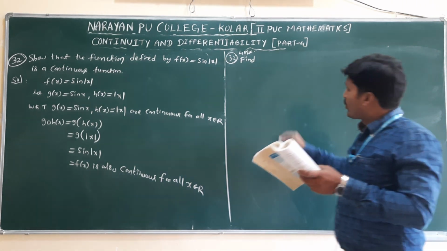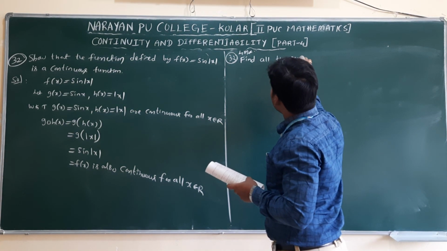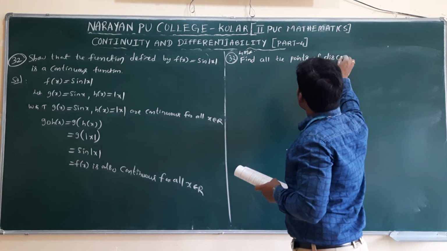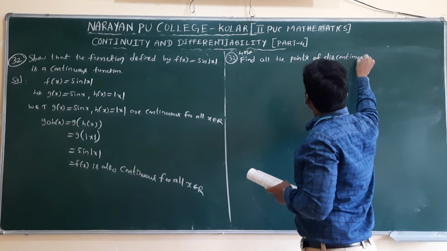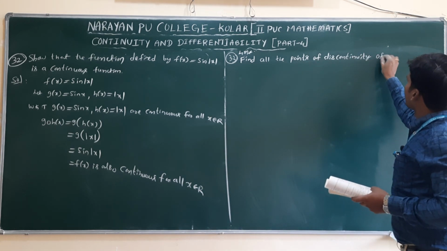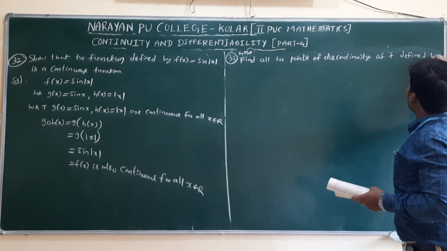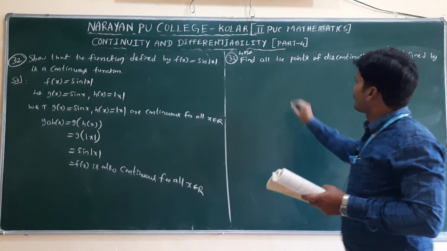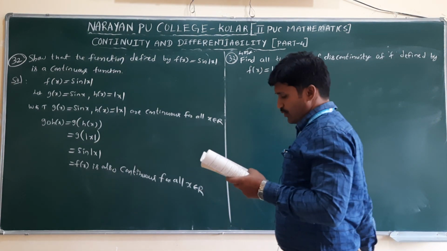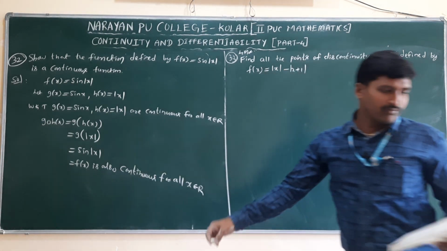Find all the points of discontinuity of f defined by f of x equal to mod x minus modulus of x plus 1.